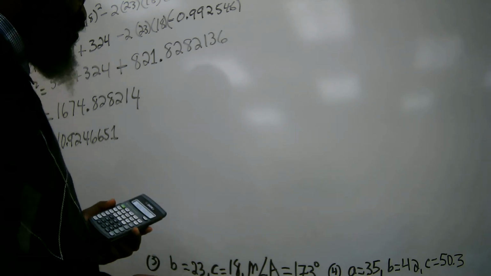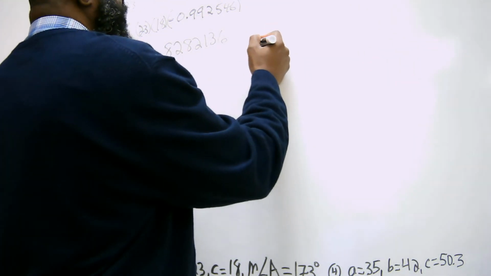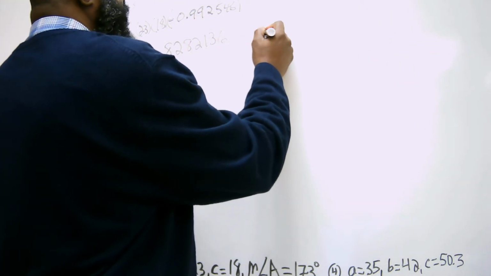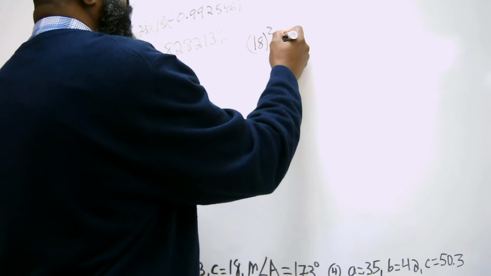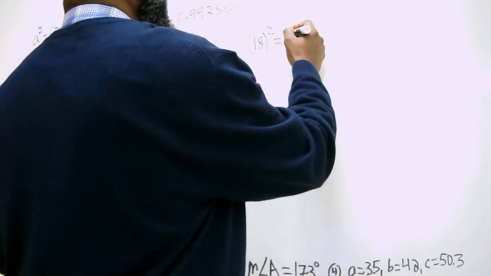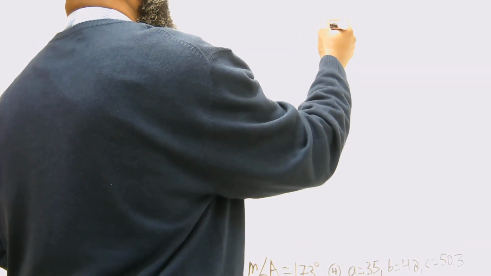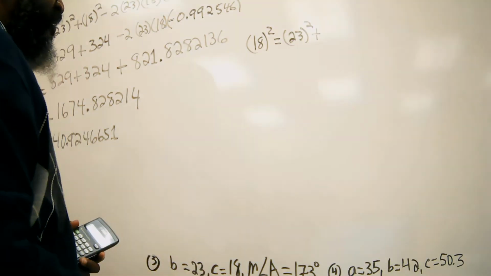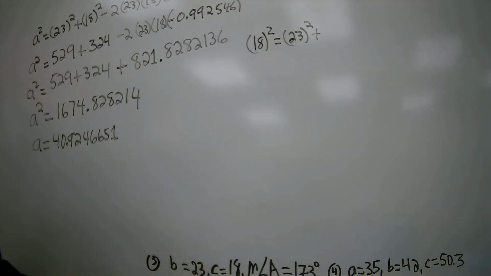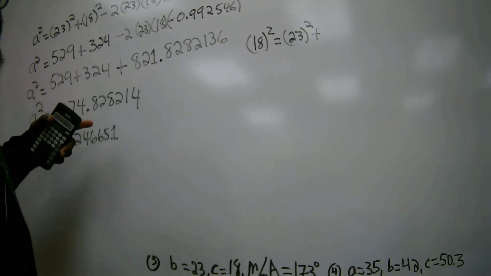In order to find angle C, I will have C squared. C squared is 18 squared, which is equal to 23 squared, plus A squared. We know what A squared is. We already calculated that. That is why I did not erase it.